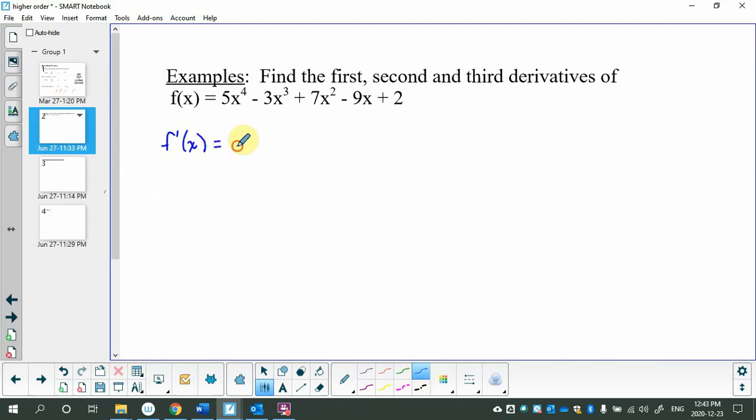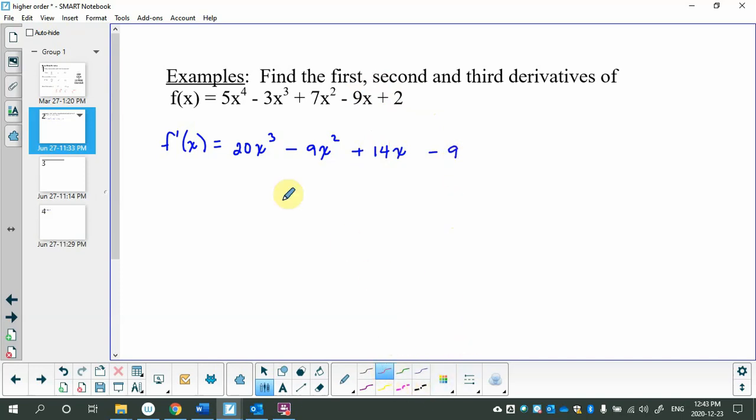Drop the 4 onto the 5 and multiply, make the exponent 1 less. Drop the 3 onto the 3 and multiply, make the exponent 1 less. Drop the 2 onto the 7 and multiply, make the exponent 1 less. Drop the 1 on top of the negative 9 and make it 1 less, which means there aren't any, and the derivative of a constant is 0. So we're done the first derivative.